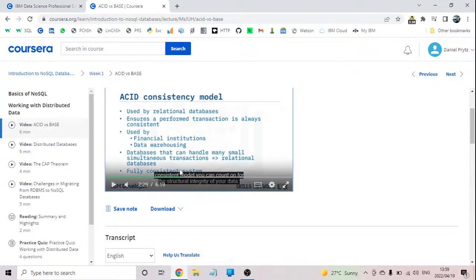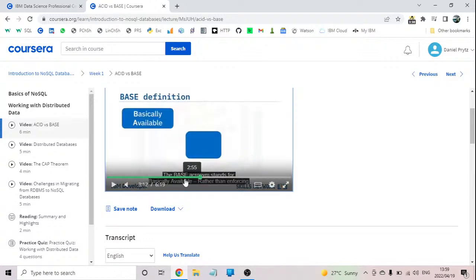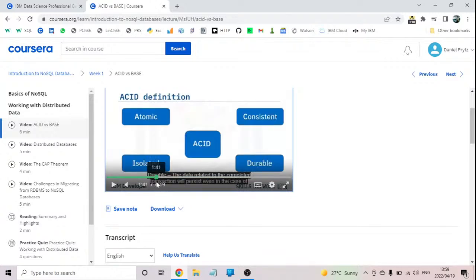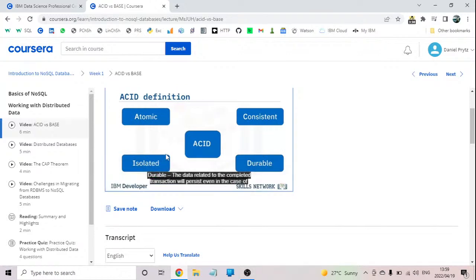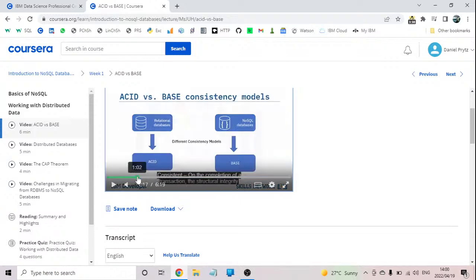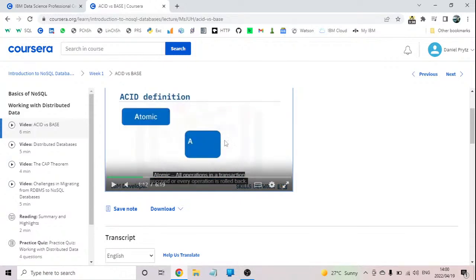So ACID, we know, is atomic. Question 1: ACID stands for atomic. There's some bonus material here, guys. Just always look for the bonus material.